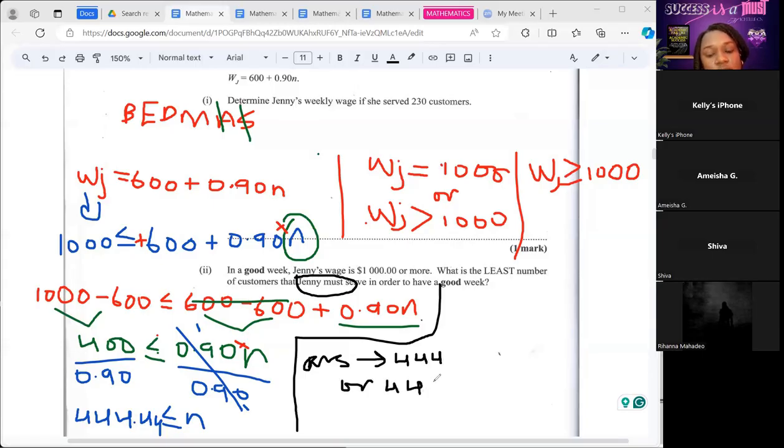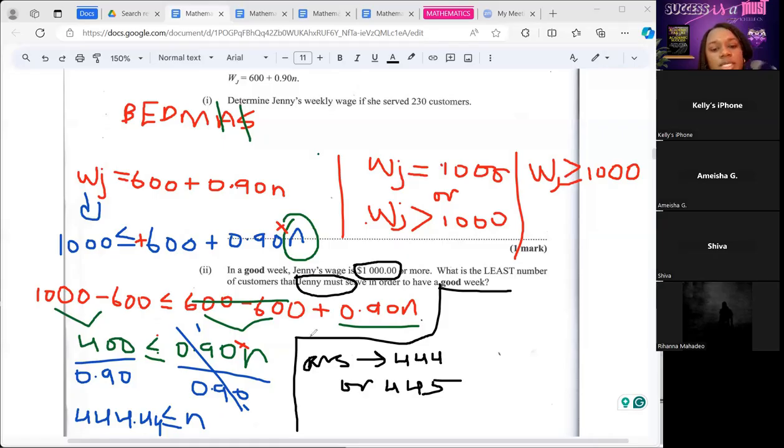To know which one is correct, you can test it if you're not sure. Whichever number of customers you use must give you 1,000 or greater than. The answer cannot be less than, because then that would represent a good week according to what they're asking us for.